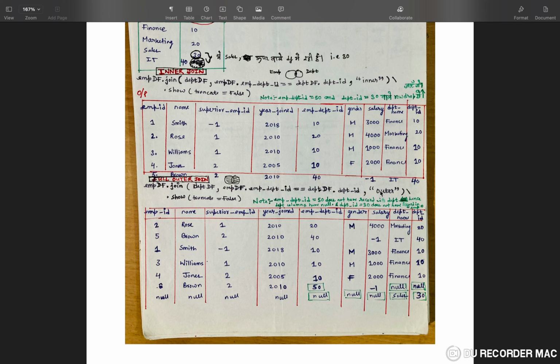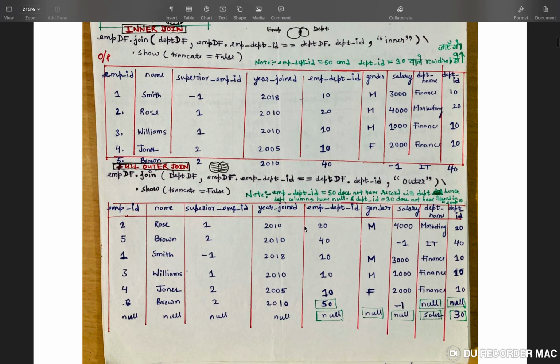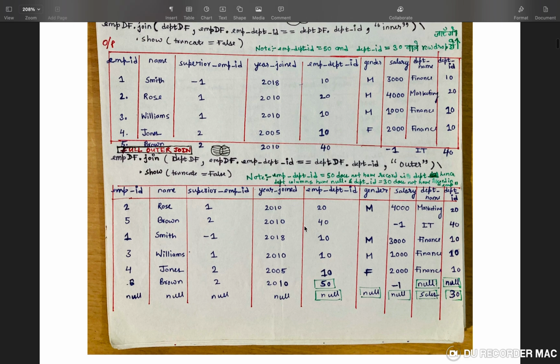As you can see, here is the resultant data frame, and from it you can observe that in our employee data set, employee department ID with value 50 doesn't have a record in department, hence the department columns have null. So you can see that 50 has null on department name and department ID because these corresponding values are not present, right?